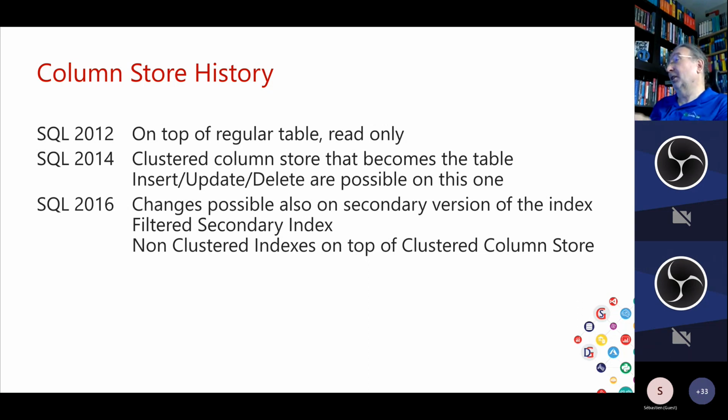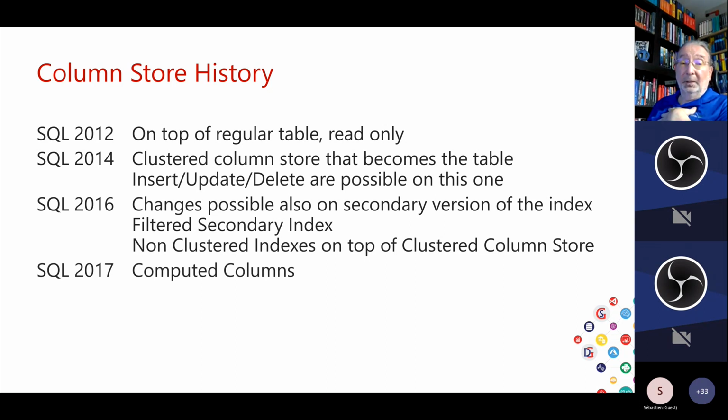Again, not saying it's always a good idea. I had cases where the column store had like 100 columns and took less space than a single non-clustered index on a single 8-byte column on top of it. It's just the way column store is very good at compressing data, and regular indexes are not.